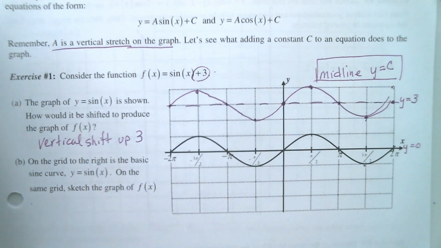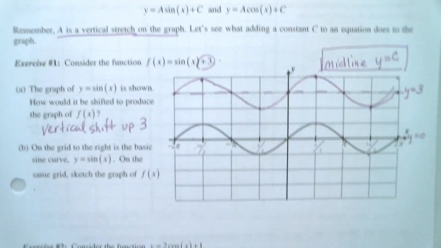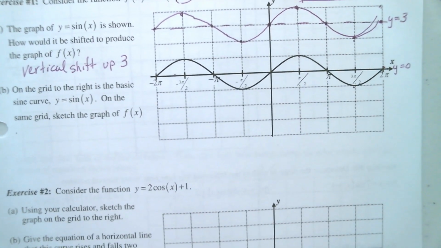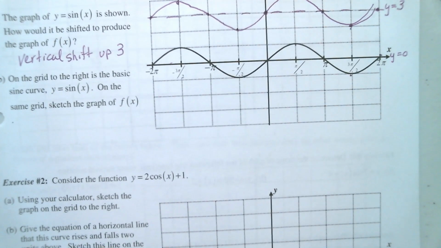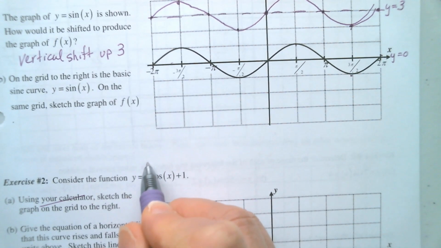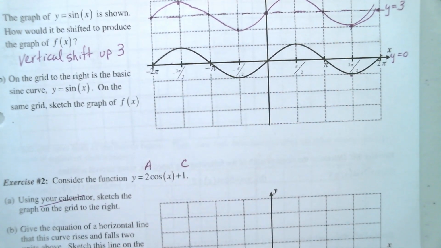In exercise number 2, it says consider the function y equals 2 cosine x plus 1. We are not using our calculator to sketch it. Give the equation of a horizontal line that this curve rises and falls 2 units above. Sketch this line on the graph. Let me say that 2 is our A value, the 1 is our C value.